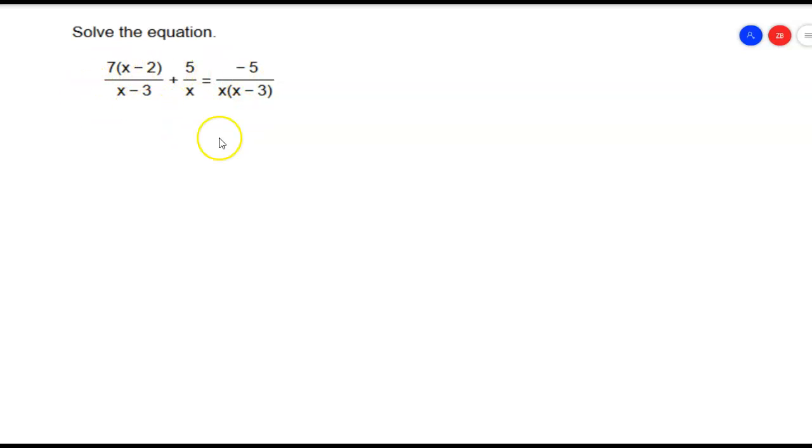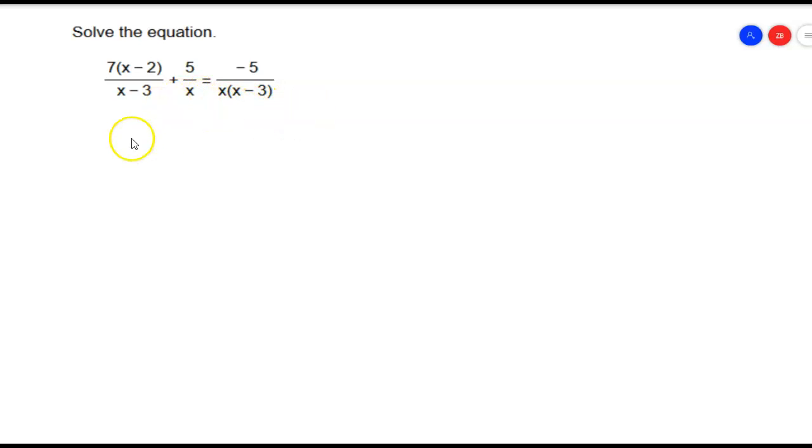Whenever we have fractions in any kind of polynomial looking problem, the first thing we always want to do is multiply through by the LCD, the least common denominator of all of our denominators. And we notice that each denominator has either an x in it, or an x minus 3, or both an x and an x minus 3.